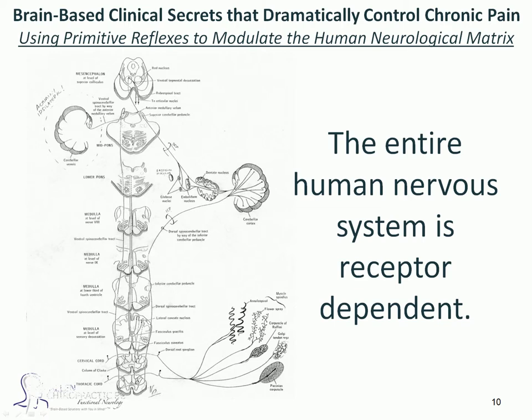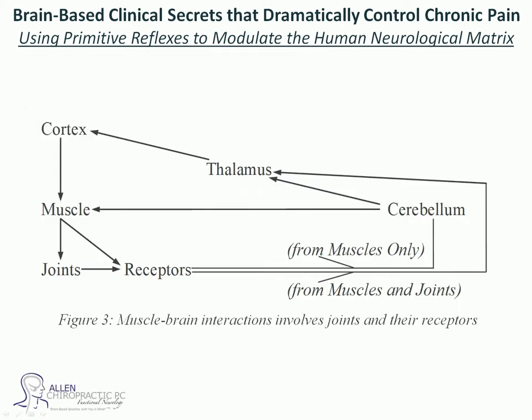About 85% of the input to the cortex comes from muscles, but about 90% of the outflow of the cortex goes to organs. It doesn't go back to muscles. So these muscles provide a window into our understanding, but we shouldn't depend on the muscle input because the autonomics tell us so much.